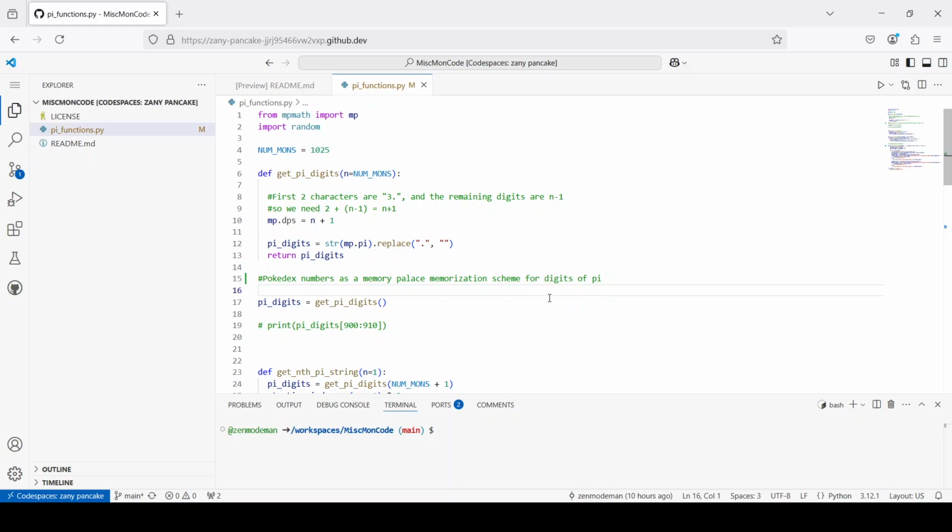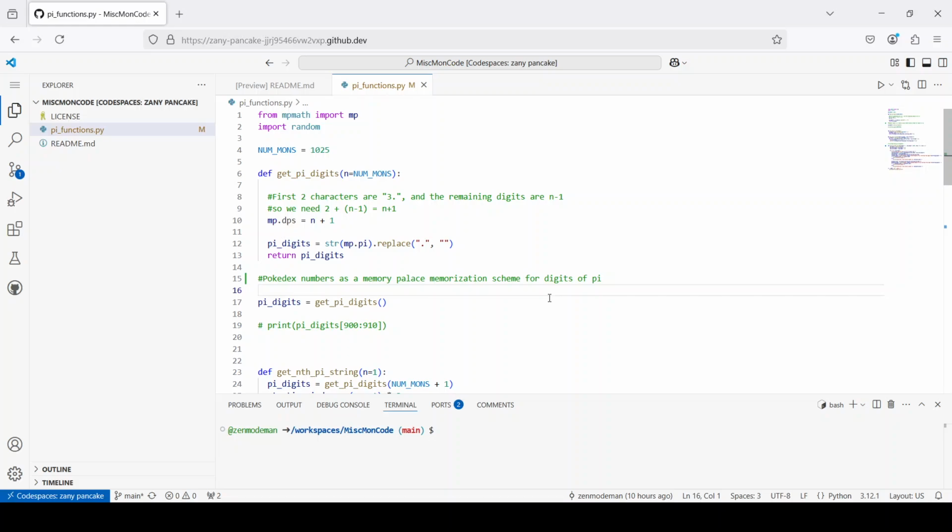A memory palace is a mental location or visualization where certain visuals represent certain blocks of things to remember, and they can be connected.